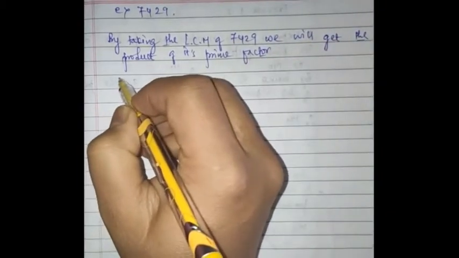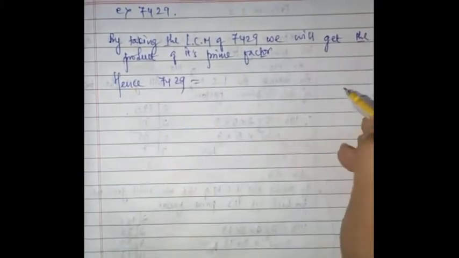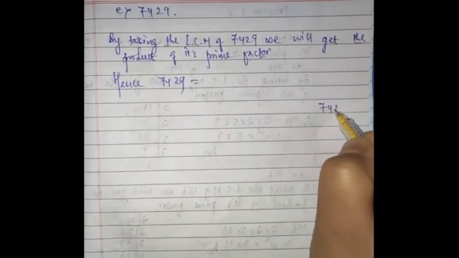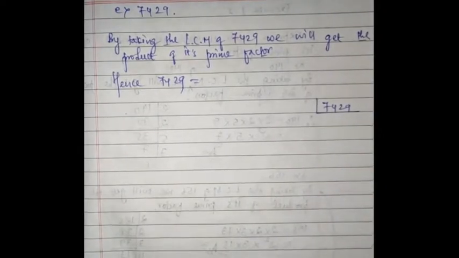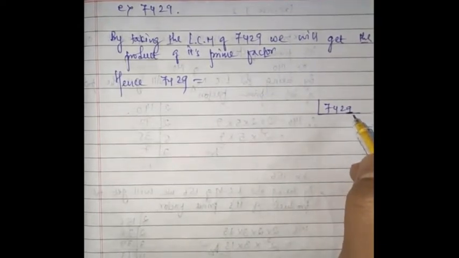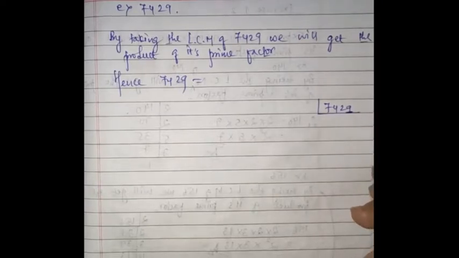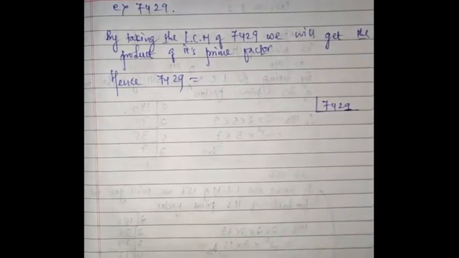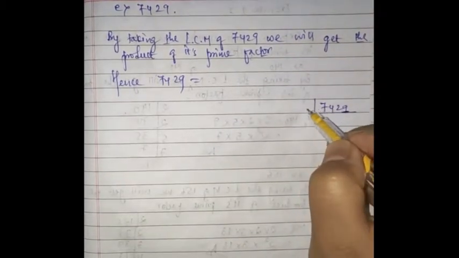Alright, so we can write, hence, 7429 is equal to, let us take out the LCM of 7429. Okay, so let us try with 3. Looking at the last unit digit, the possible values we can use are 3, but 3 is not possible, I have tried. Another, 4 is not possible, 7 is also not possible, and 9 is also not possible. So directly we are going to jump to the 17 table. Alright, 17.